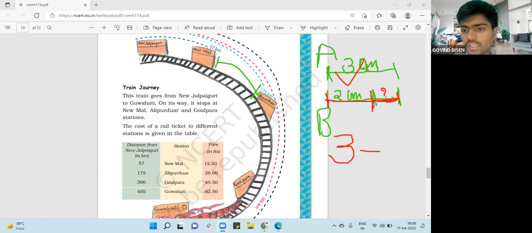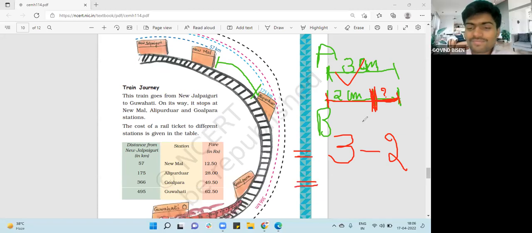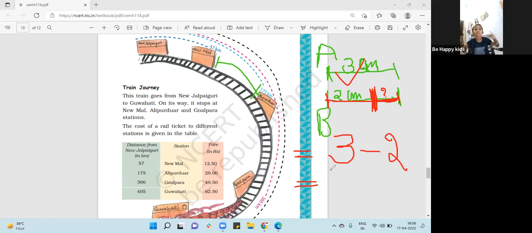And till here on the screen, can you see the lines? It is 2. So the remaining distance is 3 minus 2, isn't it? So what is 3 minus 2? 3 minus 2 is 1. One distance.